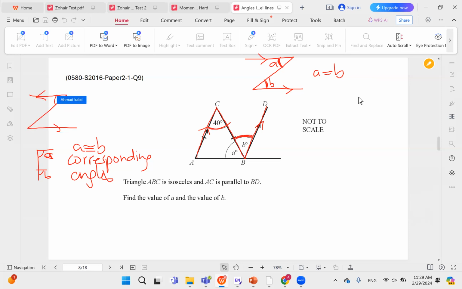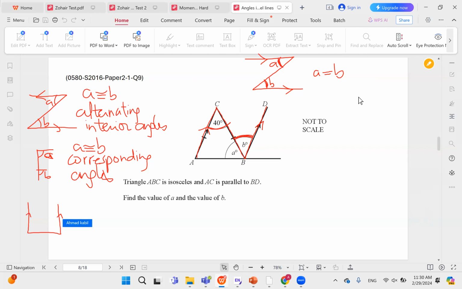So this is A and this is B. Again, A is congruent or equal to B. And these are called alternating interior angles. Finally, we have co-interior angles, which look like a U shape like this. But in this case, A and B are not congruent, they are supplementary. So A plus B equals 180. These are called co-interior angles.